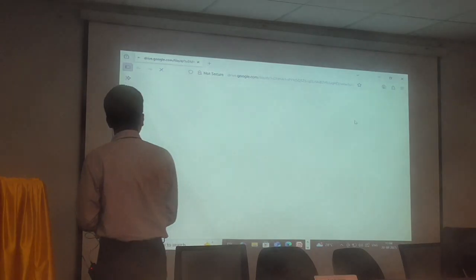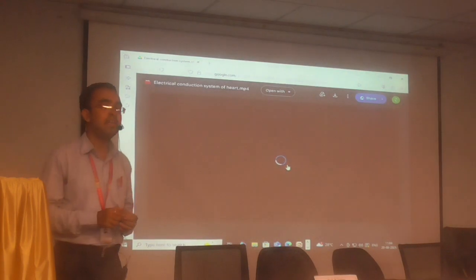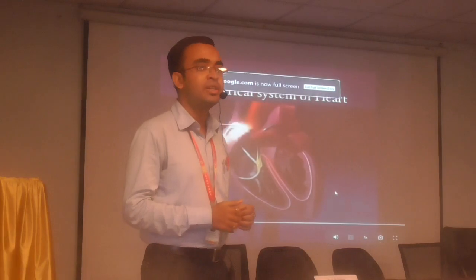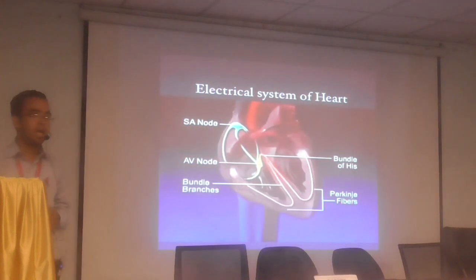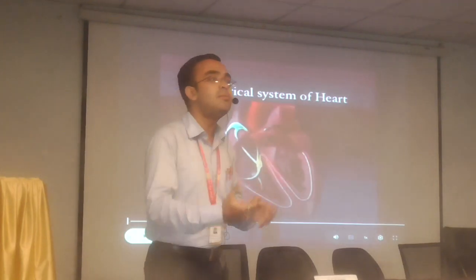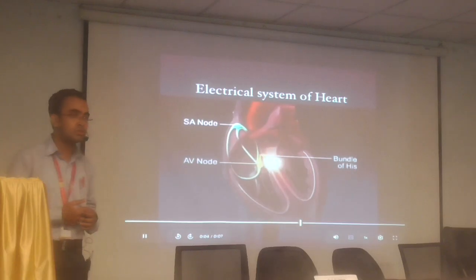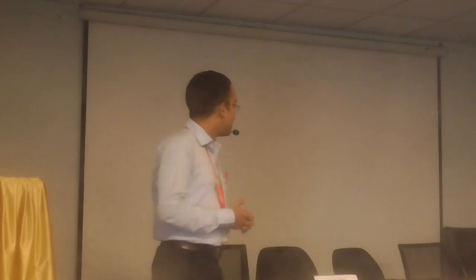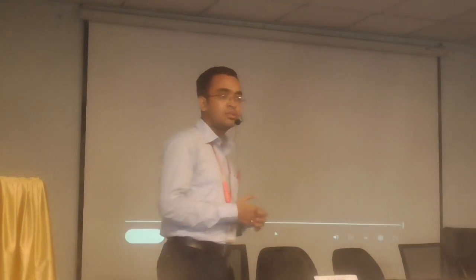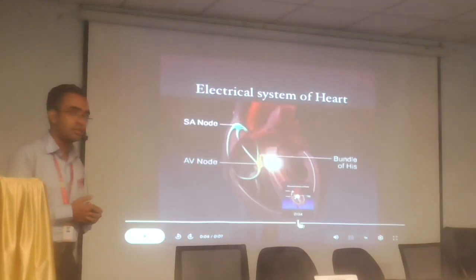So here is a video of the electrical activities. As we know, the SA node, sinoatrial node, is known as the natural pacemaker. It generates an electrical signal, and when that reaches the AV node it is re-amplified, and after that it passes to the bundle of His, and after the bundle of His the Purkinje fibers, and the electrical signals are generated, and that is responsible for the contraction of the heart, right?